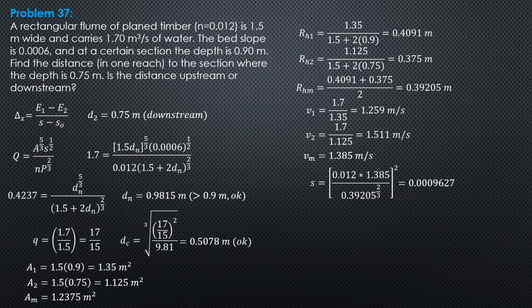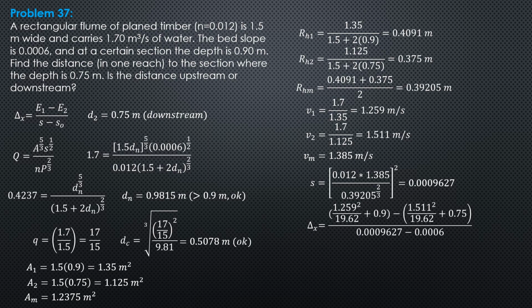So finally, we substitute it here. Delta x is equal to velocity head at 1, v1 squared over 19.62, 1.259 squared over 19.62, plus depth 1, 0.9, minus v2 squared over 2g, 1.511 squared over 19.62, plus depth 2, 0.75, divided by S minus S0.